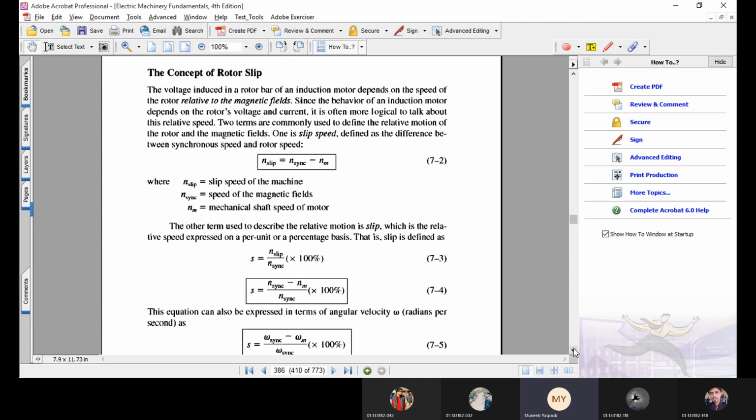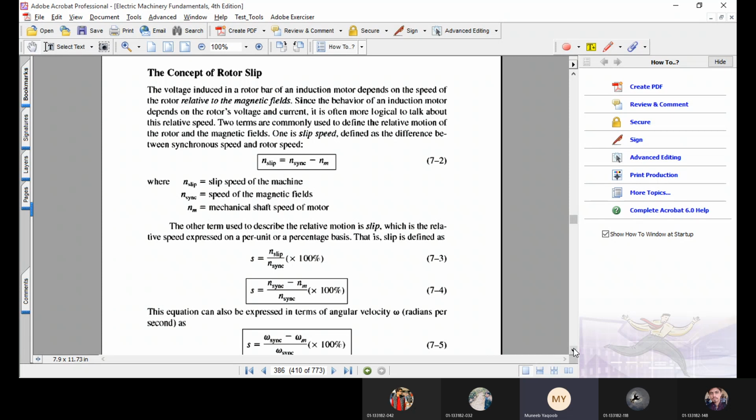If we compare the two parameters that are being used for the description of relative motion, that are slip speed and slip, in my opinion, slip is more flexible. Slip is more popular among the industrial engineers. They often talk about induction motors in terms of their slip, that at what slip that induction motor is running.